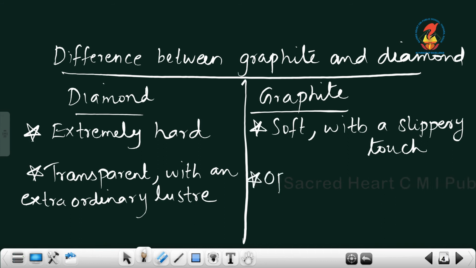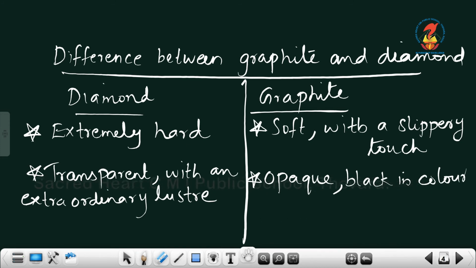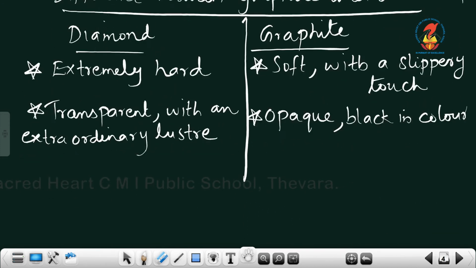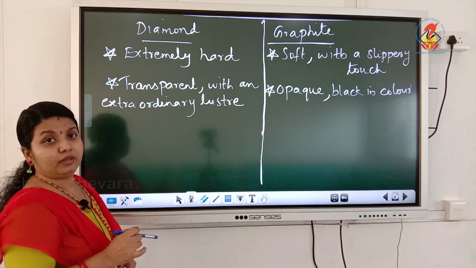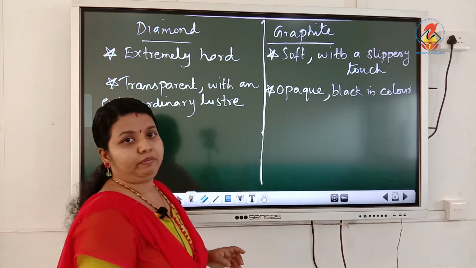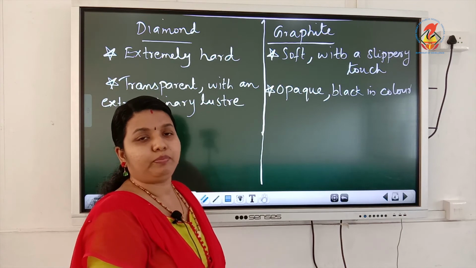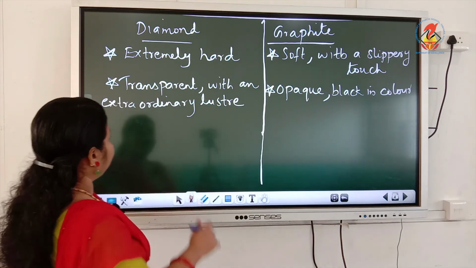Graphite is opaque, black in color. What is the difference between transparent and opaque substances? Through transparent substances we can see things clearly. Light completely passes through transparent materials, and we cannot see clearly through opaque materials. Light does not pass through opaque materials.